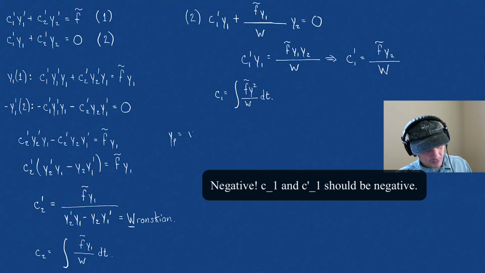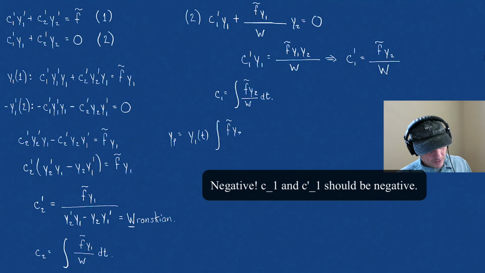And our final solution, our particular solution, is equal to C1 times y1 of t. So I'm going to write it this way, y1 of t times C1. Well, C1 is the integral of f tilde. Oh, I did it again. I wrote a 2 instead of a y2.